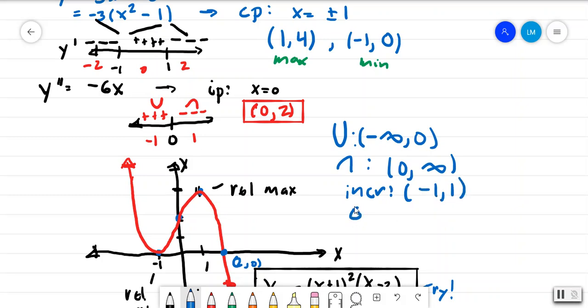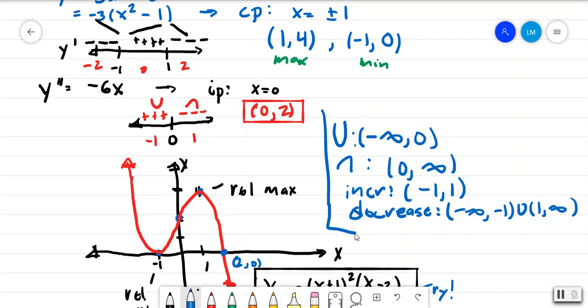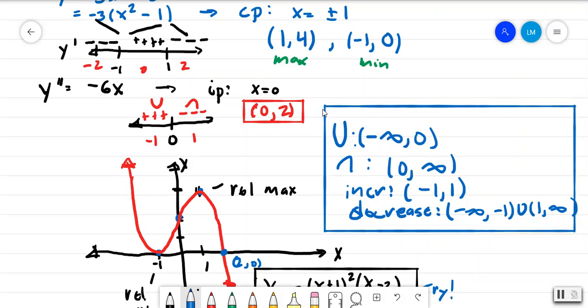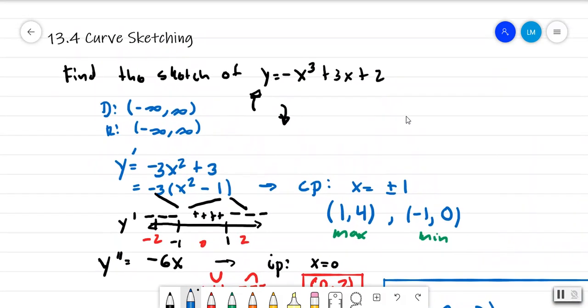And then you also have that it decreases from negative infinity to negative 1, union from 1 to infinity. And then that would be it. So when you're doing these, don't forget to find the intervals of increasing, decreasing, and then also the intervals of concavity, and that should give you what you want.